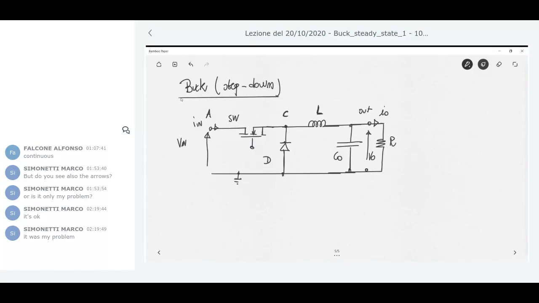So that means that I can have very huge di/dt and dv/dt. Remember the slide about electromagnetic compatibility. This is something that cannot happen in linear regulators. In linear regulators there are no switches, there are transistors in active region, so everything is quiet. There is no electromagnetic noise. But here, there is a lot of noise.